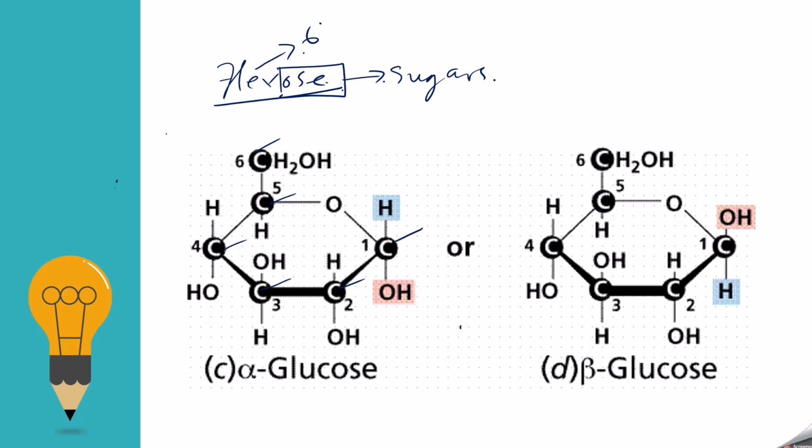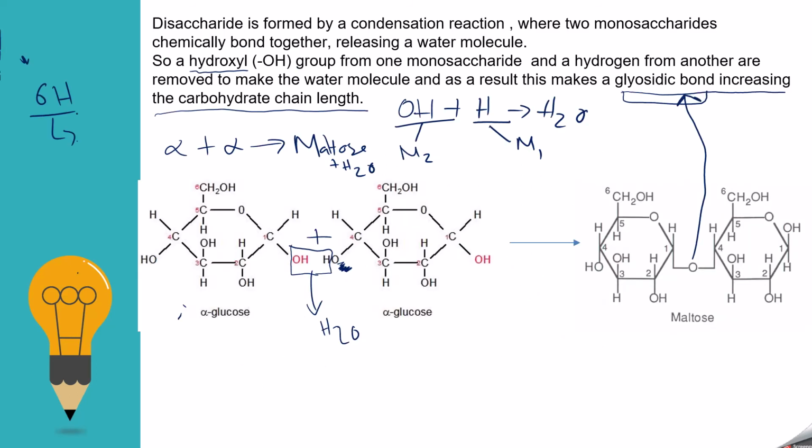Now when 2 alpha glucose molecules decide to form a bond, they come across adjacent to each other, and as a result we have carbon number 1 right here adjacent to carbon number 4 on the other monomer or monosaccharide, and these 2 carbons end up forming a bond next to each other. Because this is called a glycosidic bond, and because it's carbon number 1 and carbon number 4 which are forming the bond, we call this 1,4 glycosidic bond.